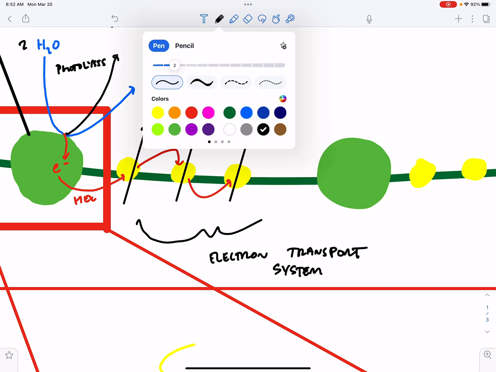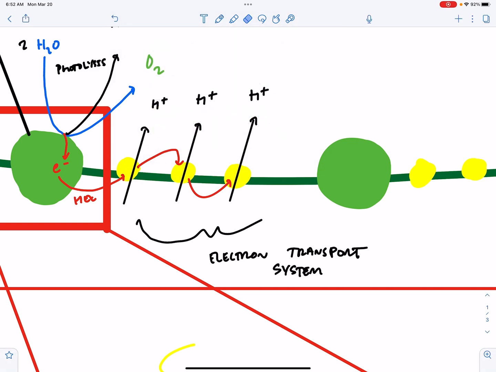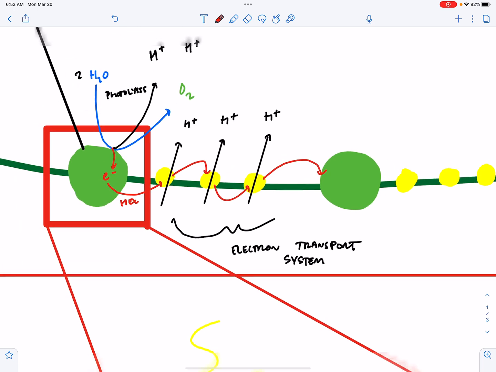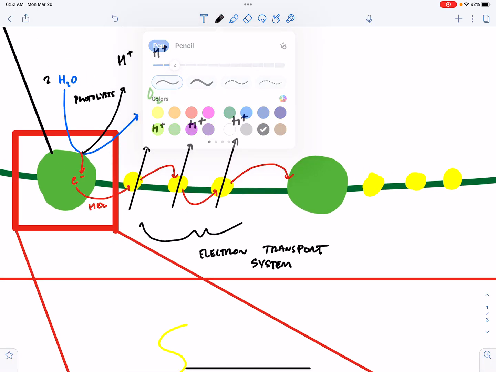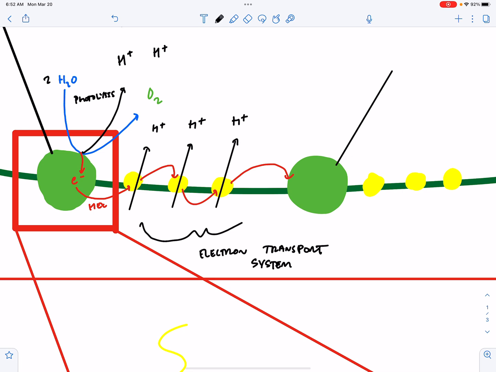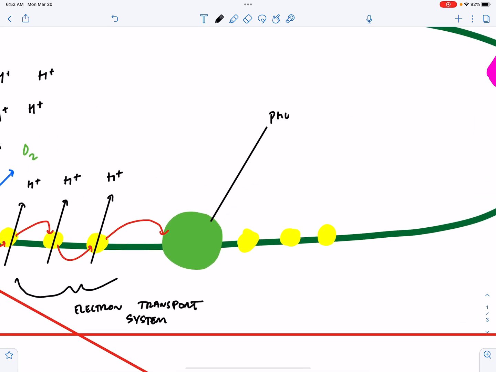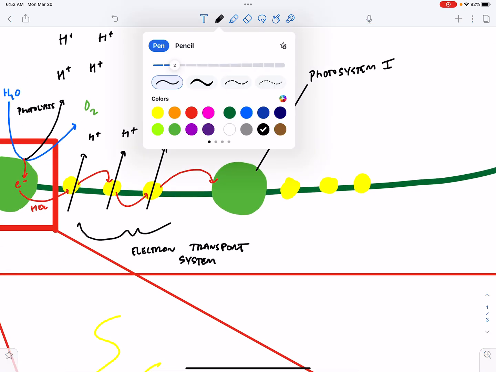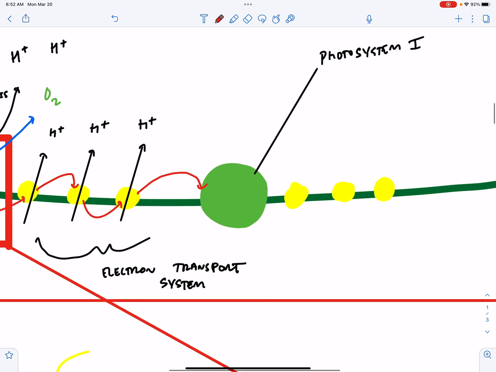So now, by the time that the electron has moved through this electron transport system and is passed off to our next photosystem, which annoyingly is called photosystem 1, this electron that arrives at photosystem 1 is a medium energy electron.